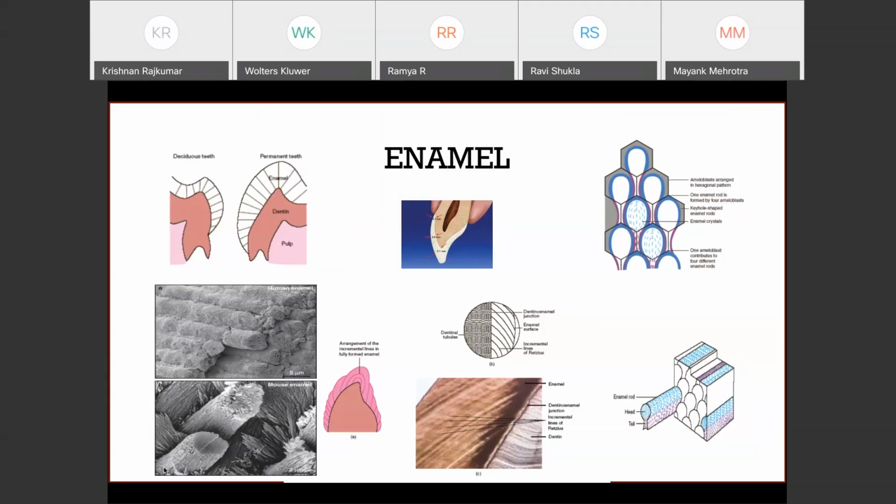And once again, the direction of the enamel rods in the deciduous and the permanent teeth is different in the cervical area, and the student should be aware of this when doing a cavity preparation in the proximal box: how to remove the unsupported enamel, and how the proximal box should be kept in the case of deciduous teeth, and how it should be placed in the case of permanent teeth.